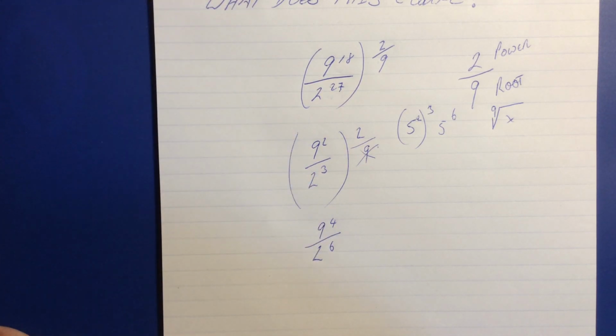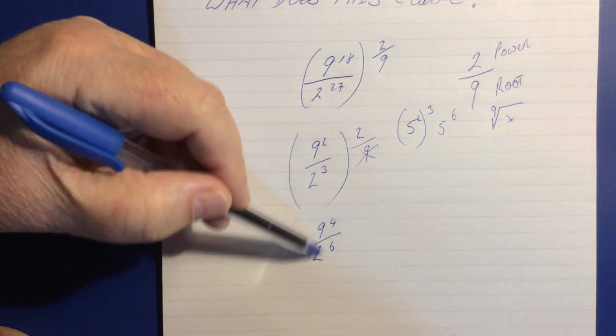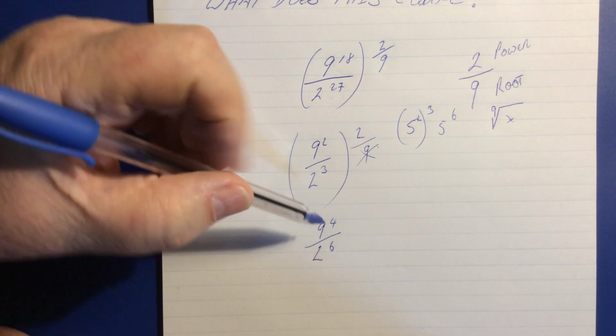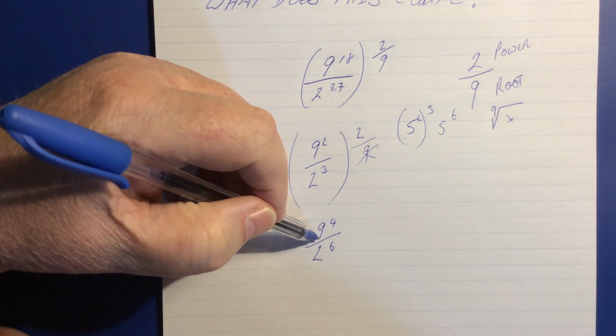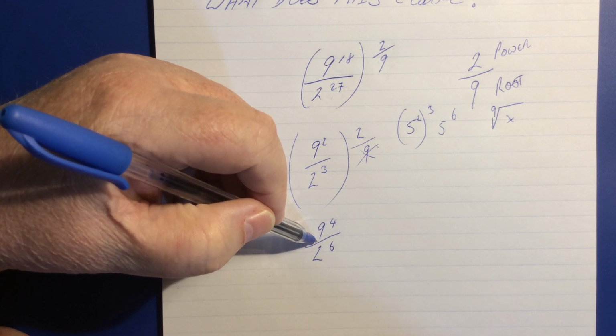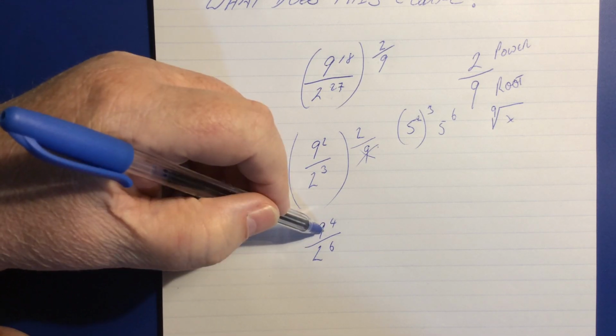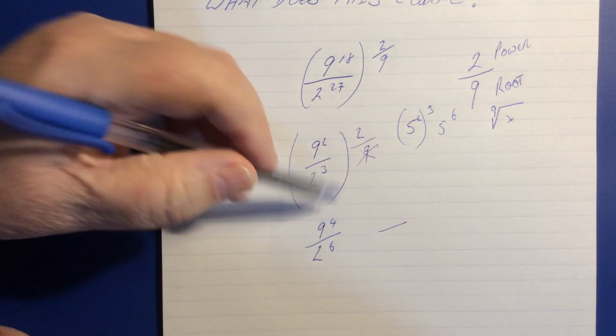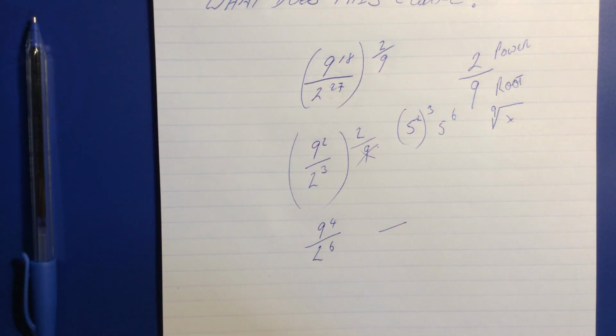And that, I think, is a reasonable answer for this. What we can do from here, if we want to, is work out what 9 to the power of 4 is. I think that's a suitable answer.